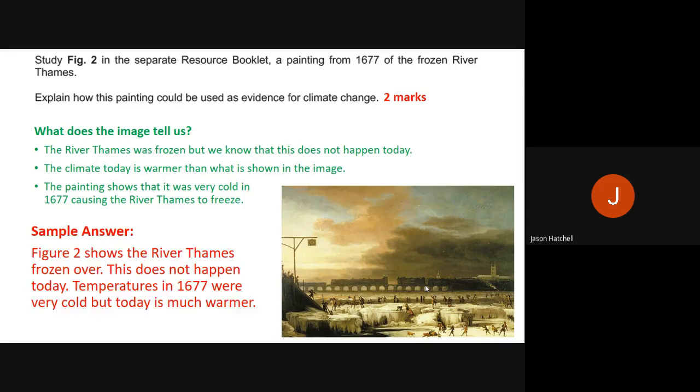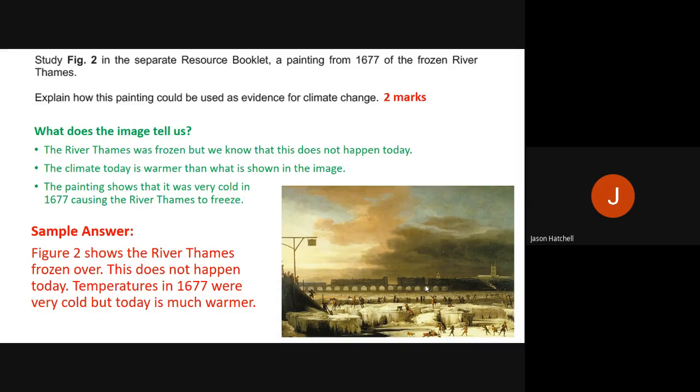Well, here's the answer. Nice and short for 2 marks. Figure 2 shows the River Thames frozen over. This does not happen today. 1 mark. Temperatures in 1677 were very cold, but today is much warmer, and that means climate change has happened. 2nd mark.